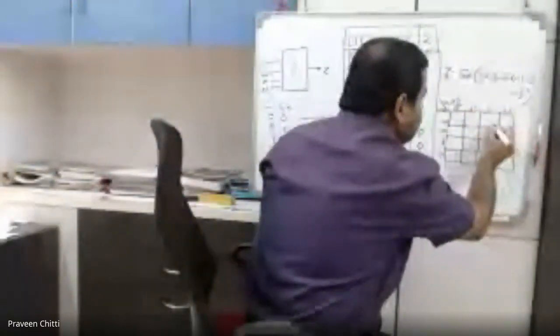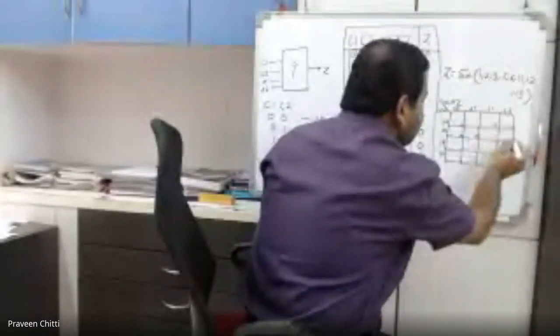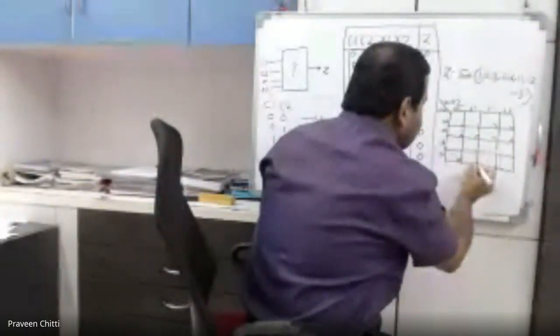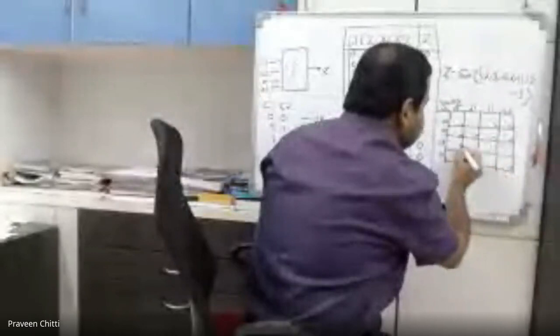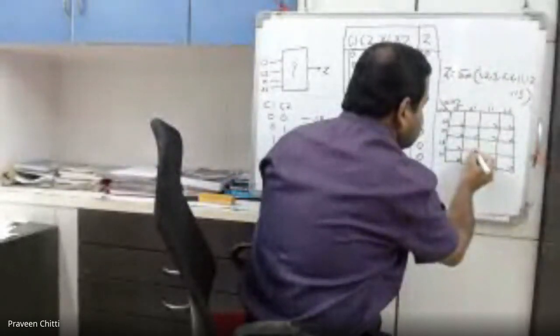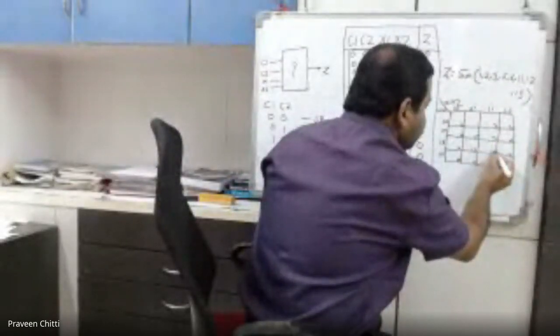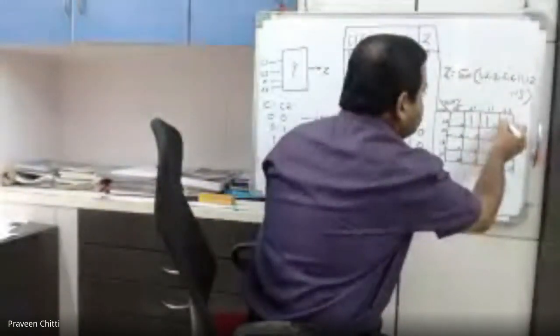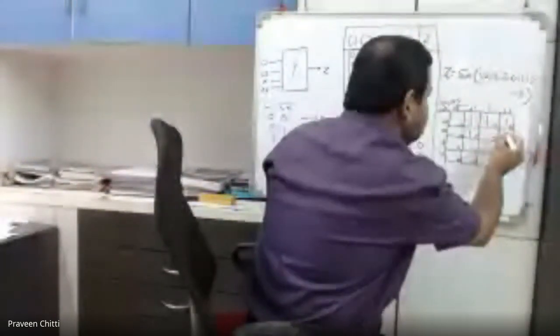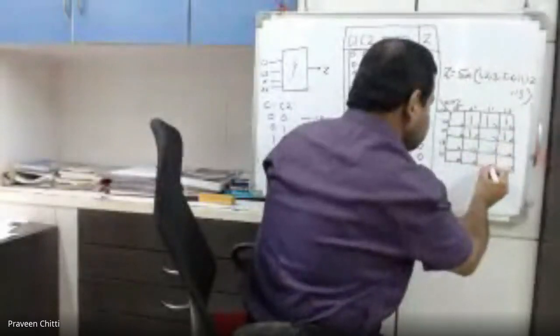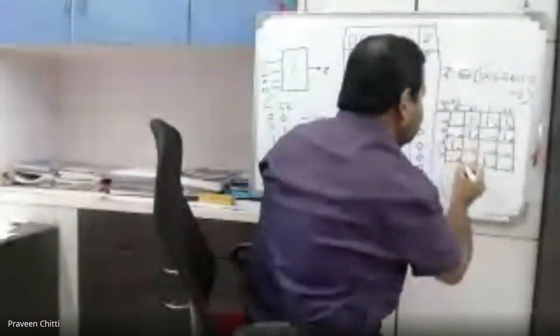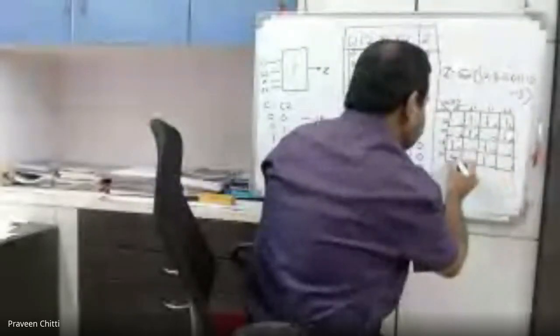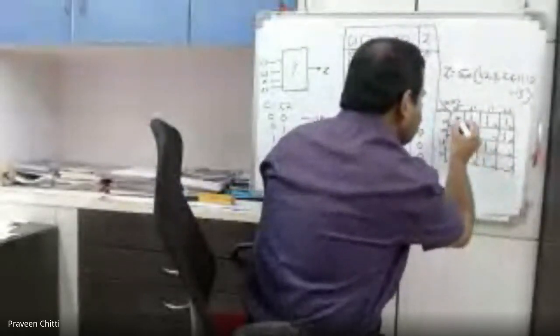Then 0, 1, 2, 3, 4, 5, 6, 7, 8, 9, 10, 11, 12, 13, 14, 15. Then enter 1 at 1, 2, 3, 5, 6, 11, 12, and 15. Remaining are all 0.